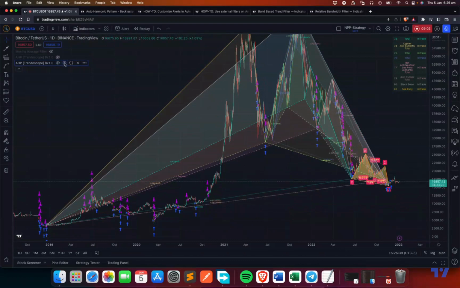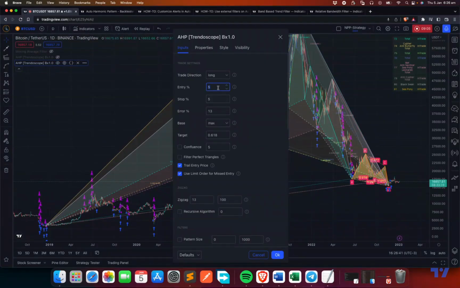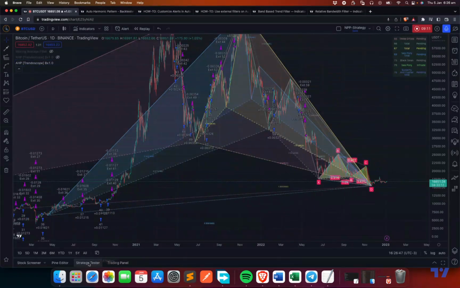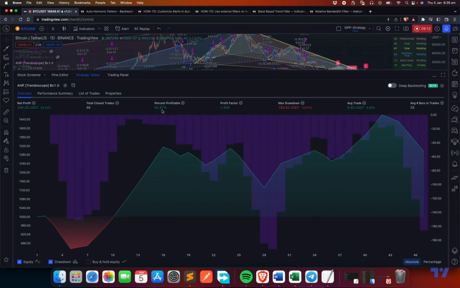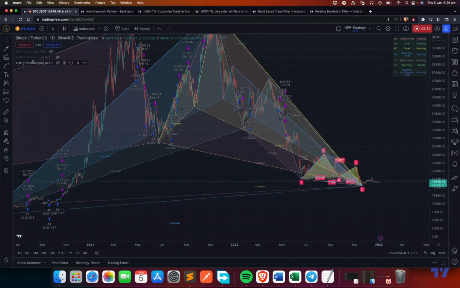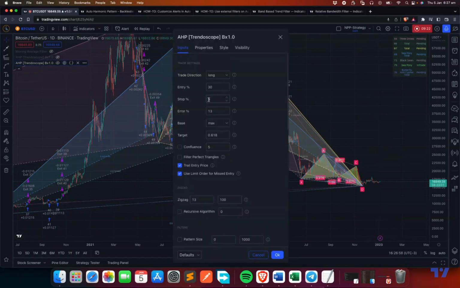And similarly, if you want to do swing trading, maybe keep it like 30 and 0.618. This will have a higher profitability, 60%, right? So by altering this entry percent, stop percent, and target, you'll be able to define the strategy and think about what you want to do.